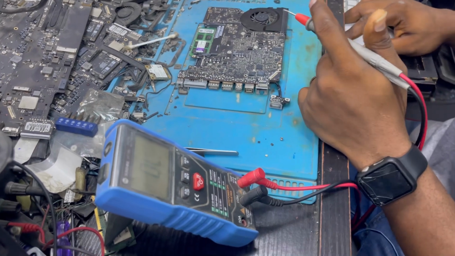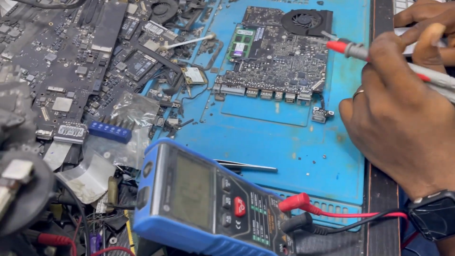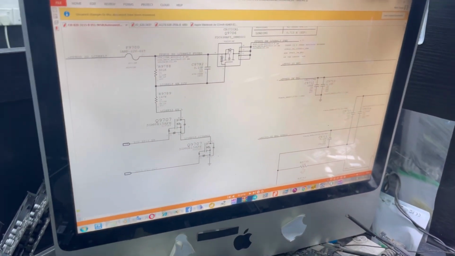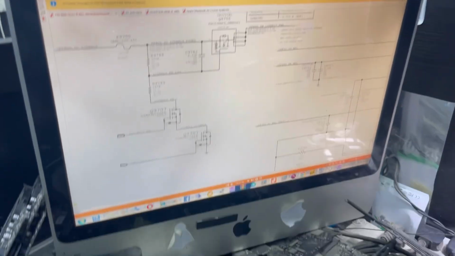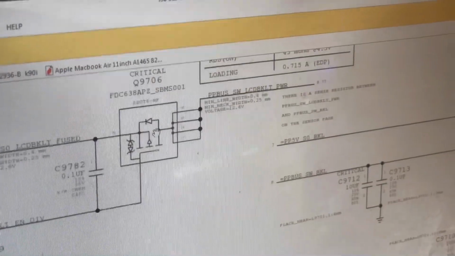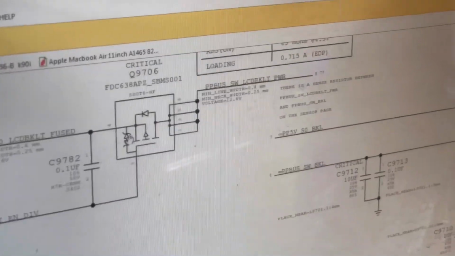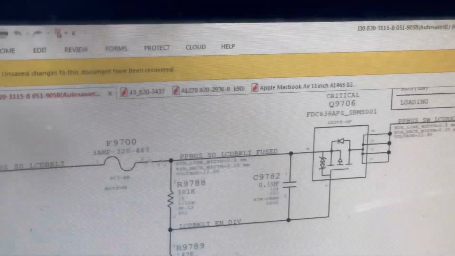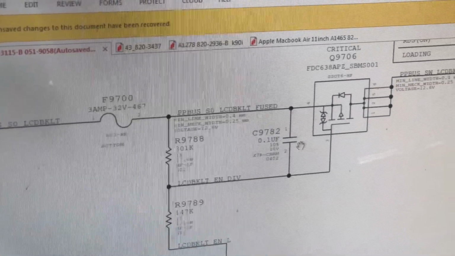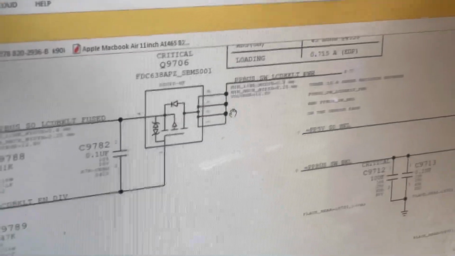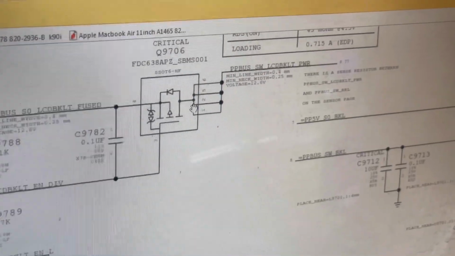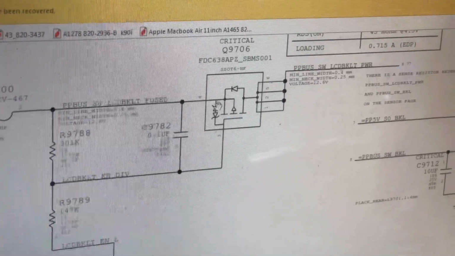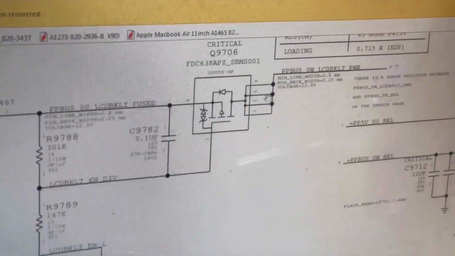Now I started to check from my schematic diagram. Q9706, this is Q9706. Q9706 is not functional. This chip should be receiving 12 volts from the fuse and sending out 12 volts. When I checked, Q9706 was receiving 12 volts but it was not sending out.